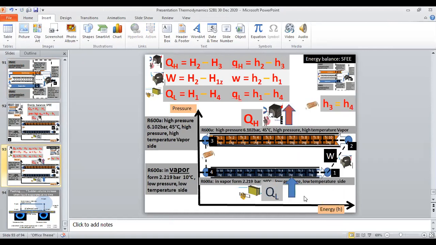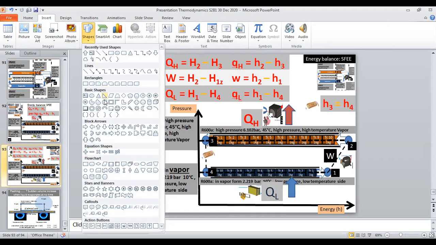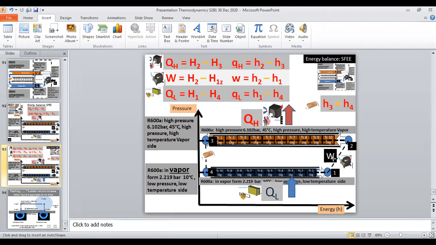So QL and QH, and you have W here, the work done on the transport.